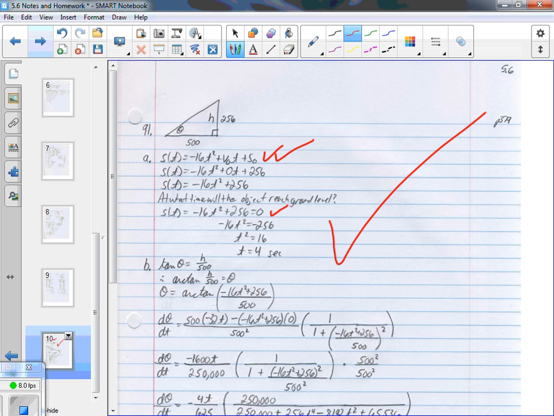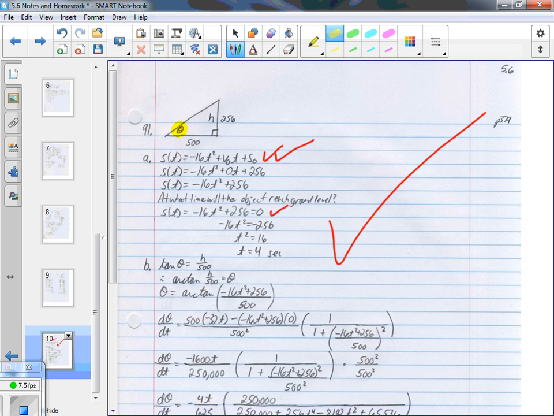All right, now the hard part of this one. Find the rates of change of the angle of elevation of the camera when t equals 1 and t equals 2. All right, we'll worry about t equals 1 and t equals 2 in a minute. Find the rate of change of the angle of elevation. Find the rate of change of theta.